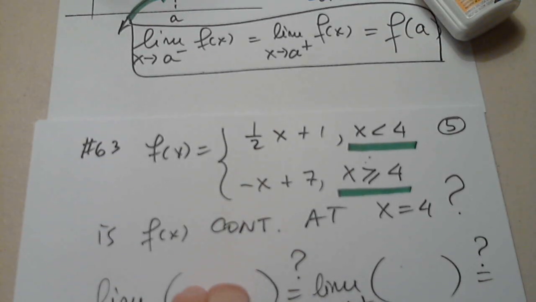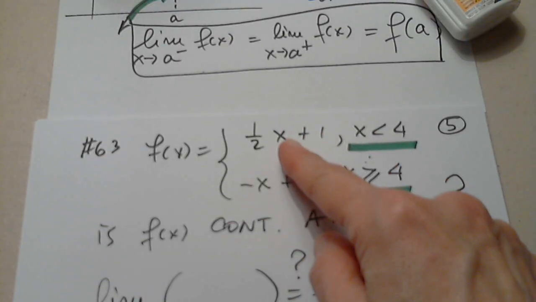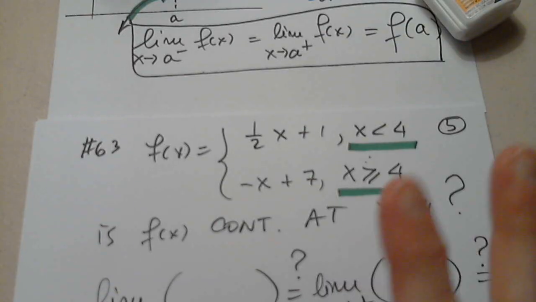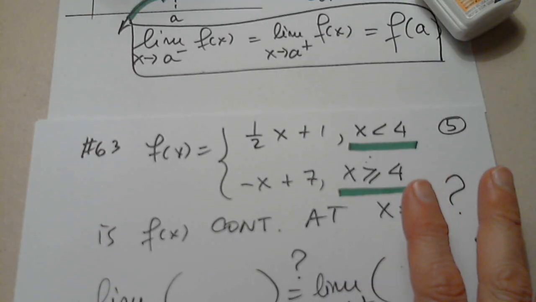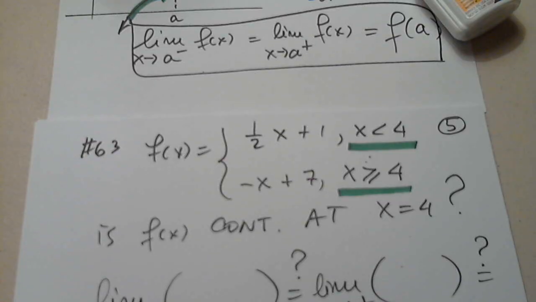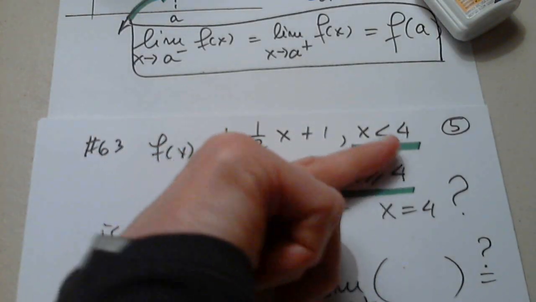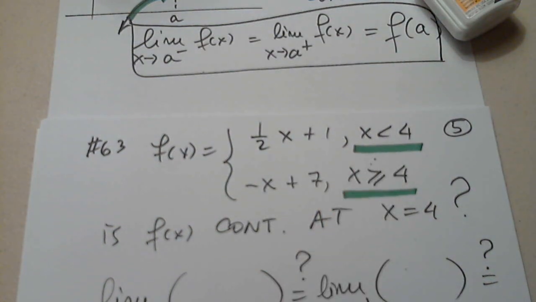So what do I put inside parentheses here? Do I put 1/2 x plus 1, or do I put negative x plus 7? 1/2 x plus 1. Correct? Do we all agree? Yes. X approaches 4 from the left with numbers smaller than 4. So I have 1/2 x plus 1.